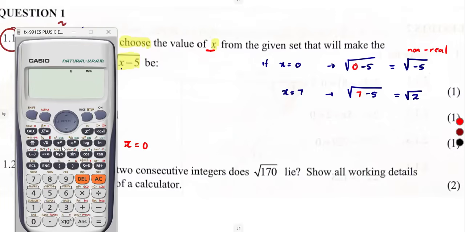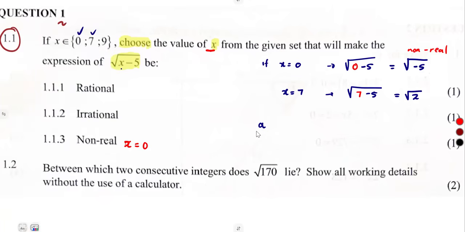Yes, we can determine this using our calculator, but the value that we are going to have here is an endless decimal. This cannot be written as a fraction. We cannot have it in the form of a over b, where a and b are integers. It is impossible. So this represents an irrational number. Square root of 2 is an irrational number.